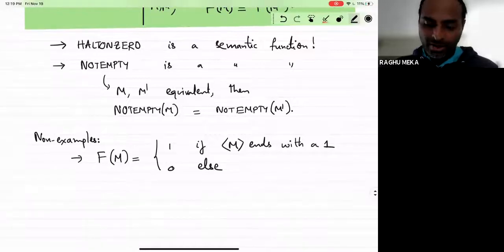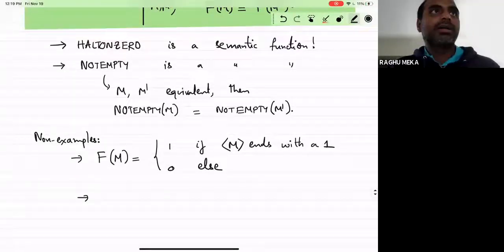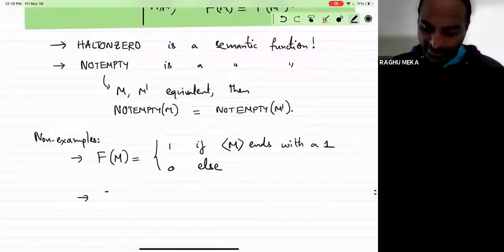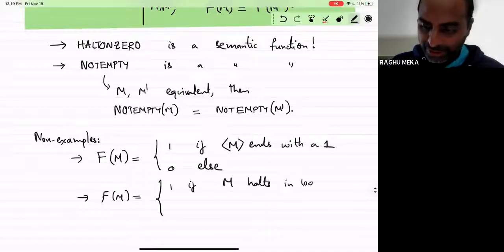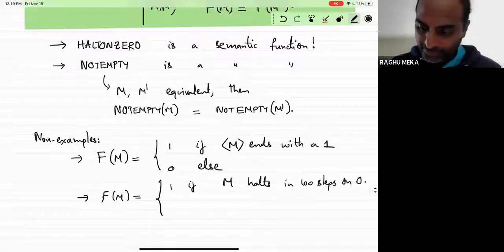Okay. So another example is, f of m equals 1 if m halts in 100 steps on 0.